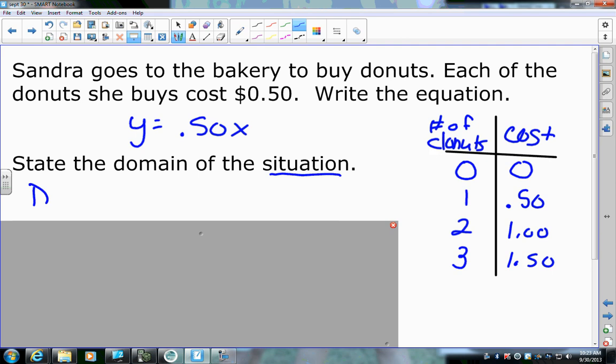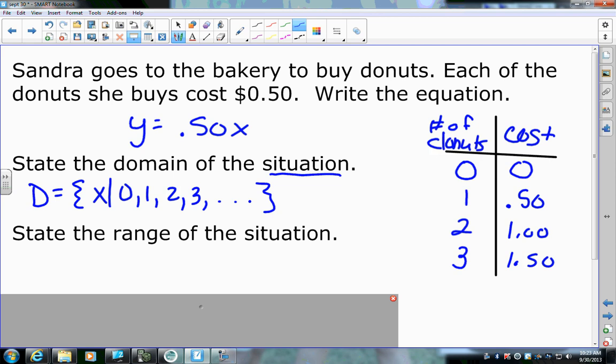So I'm going to have my domain equals, I've got this set notation, X and a line, and I'm going to put 0, 1, 2, 3, and then I'm going to put ... and close my set notation because it doesn't give us a specific amount that the donuts stop at.